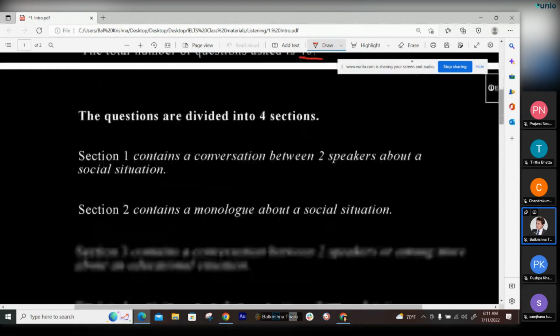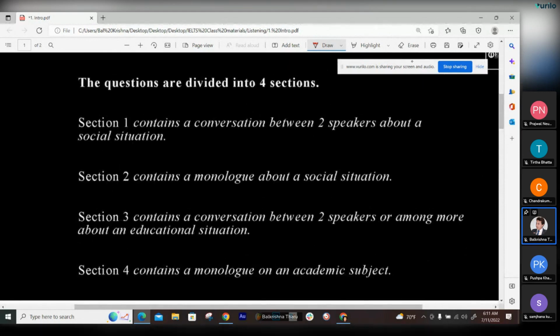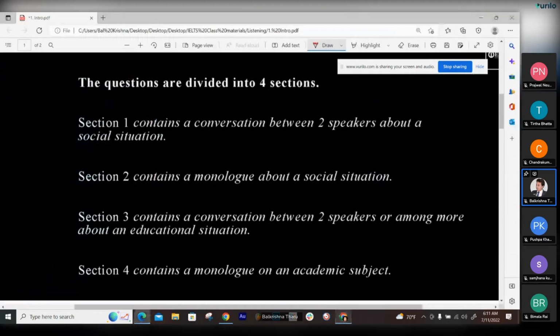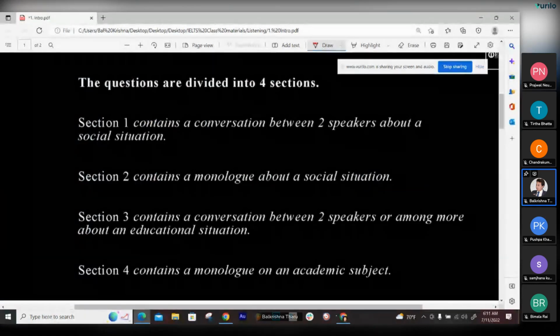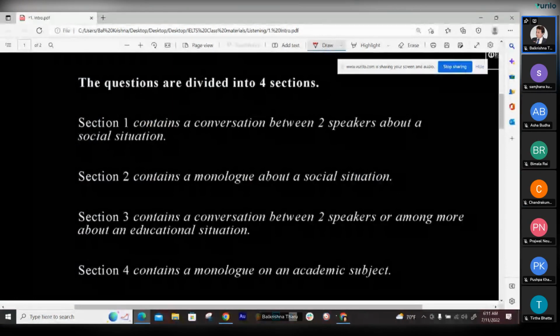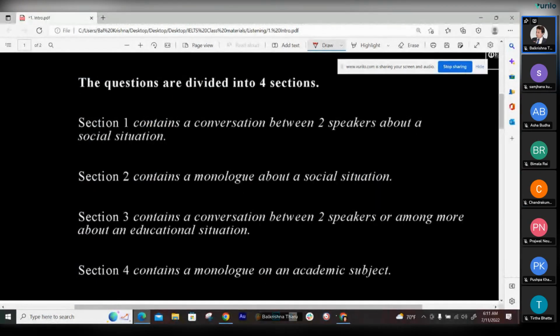The sections are also the same in both the computer delivered and paper based IELTS. The questions are divided into 4 sections. What are the 4 sections?